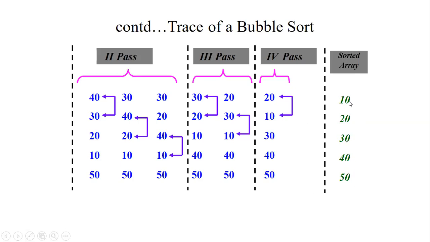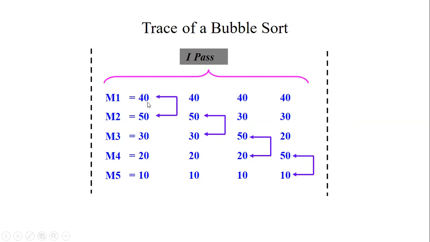This is the logic we are following for arranging the numbers in ascending order. If you do it in reverse, meaning the exchange operation is reversed, that is, if the first data and second data are compared, and if the second data is greater than the first data, perform the exchange operation, then we will get the descending order data elements.